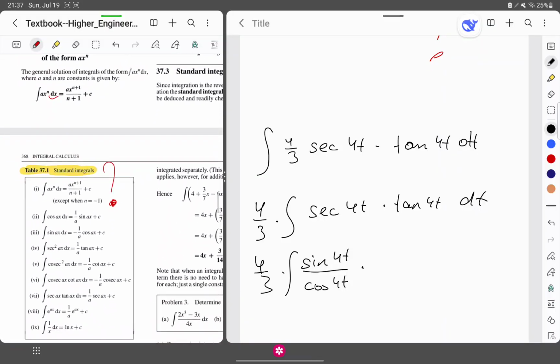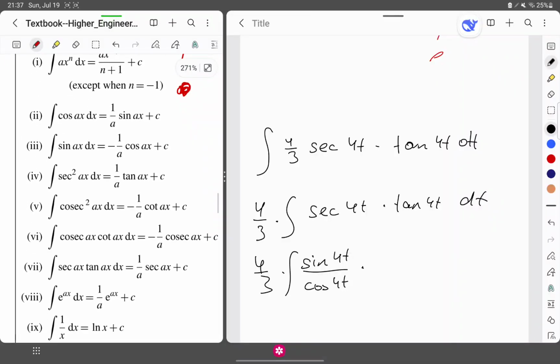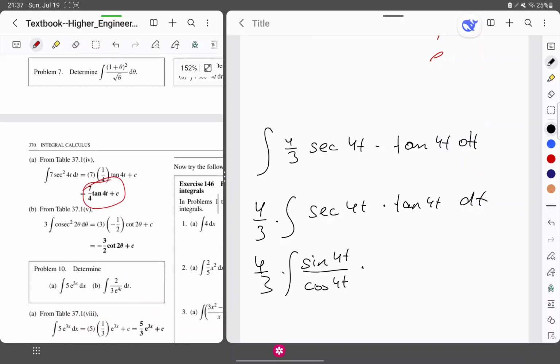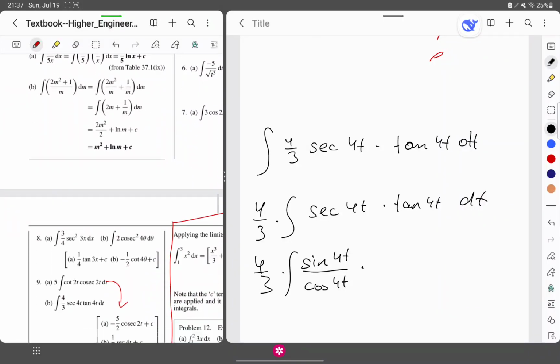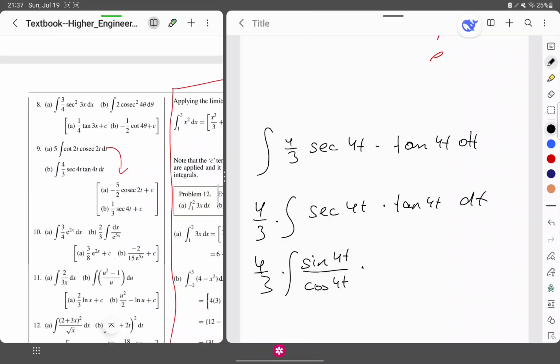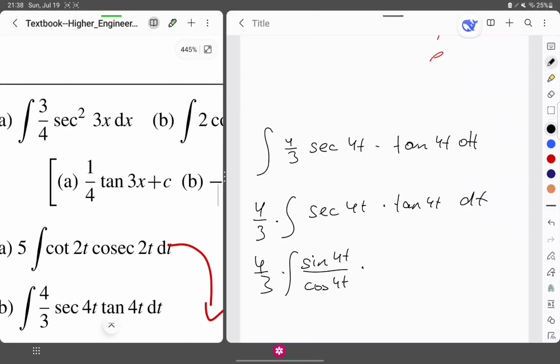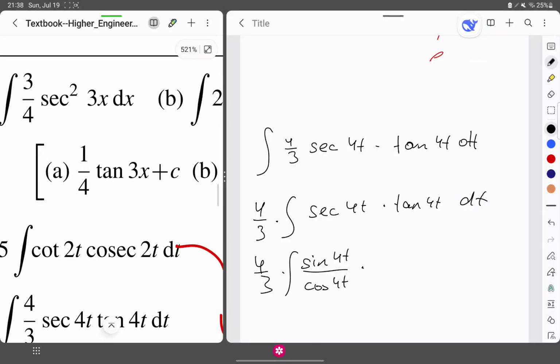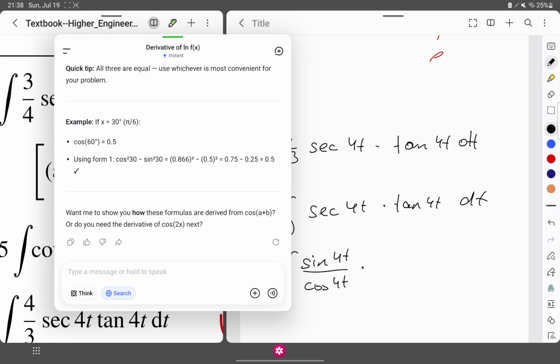Secant square times tan square is a formula, but I don't want to learn it. I can find its way, but maybe I cannot. I don't know that exactly. But let's simplify it. Let's ask this to the GPT.